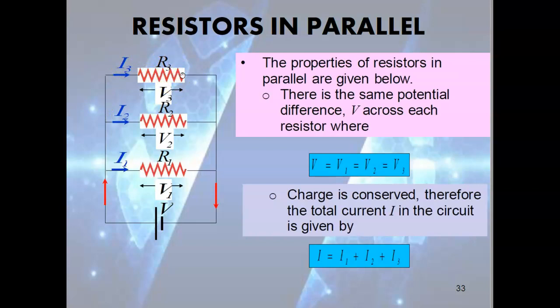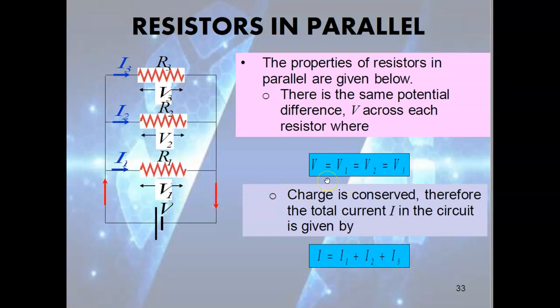So if I want to write the equation for I here, it will not be similar to resistors in series anymore, because the expression of current in this type of circuit is I equal to I1, which passes through the first resistor, plus I2, plus I3. So this is the total I, which comes from our power supply.